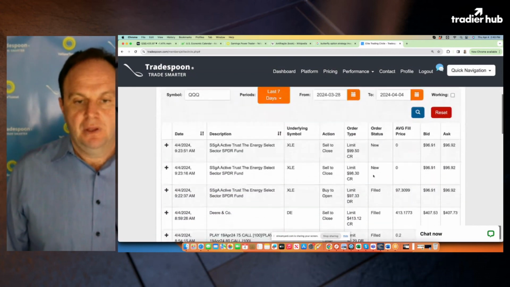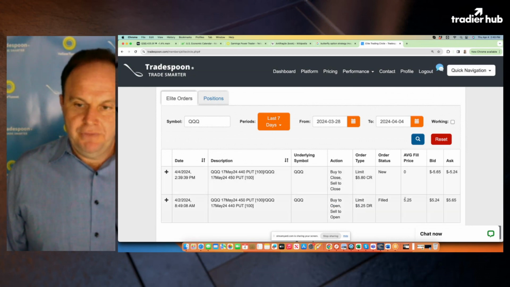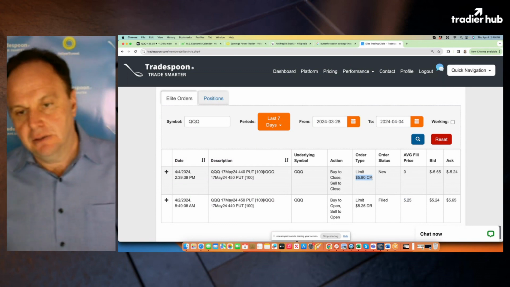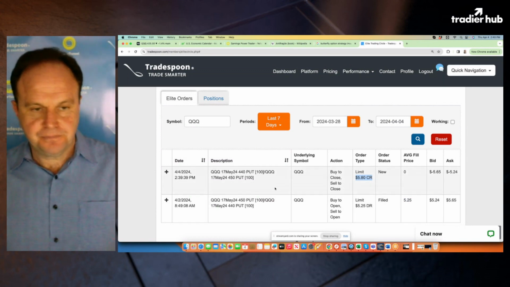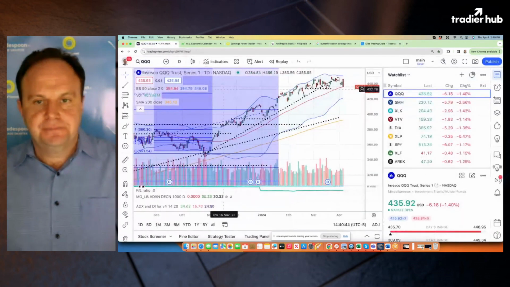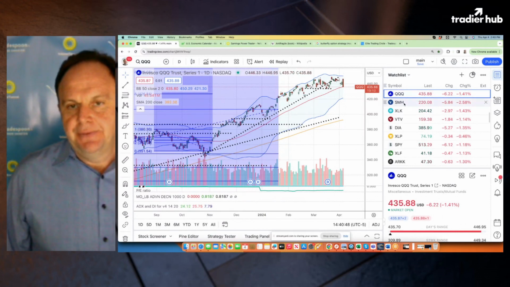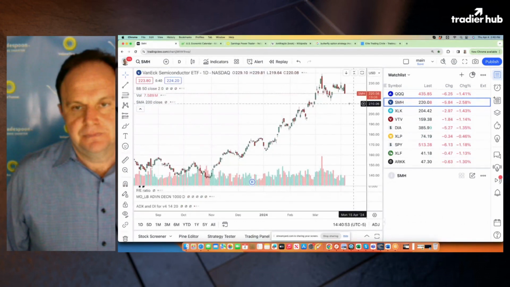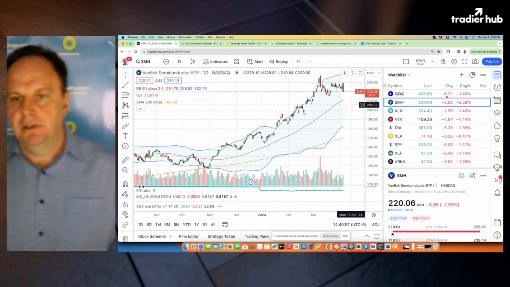Okay, so QQQ bought at 525, 2 days ago, trying to close for 580. It's a little bit over a 10% move. Let's see, SMH. So it looks like semiconductors are dropping, pulling back.